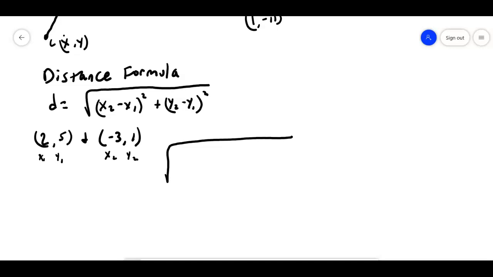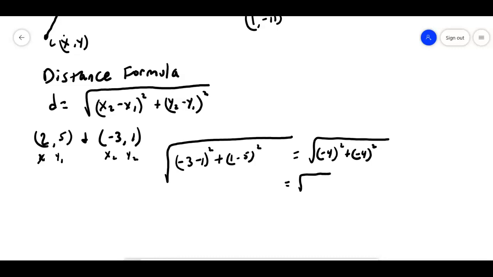Okay, so if we go exactly by the formula, we would go -3 minus 1 squared plus 1 minus 5 squared. So -3 minus 1 is -4 squared. 1 minus 5 just happens to also be -4 squared. And so it's 16 plus 16 is 32.